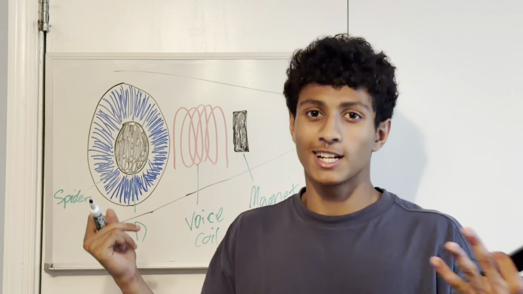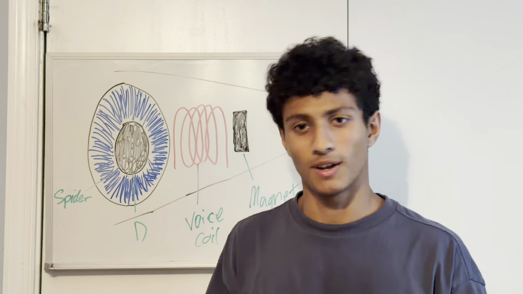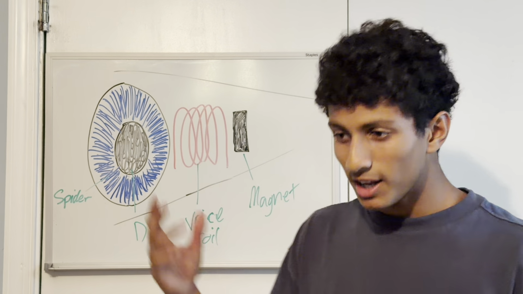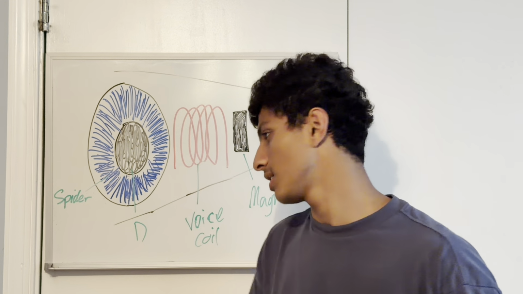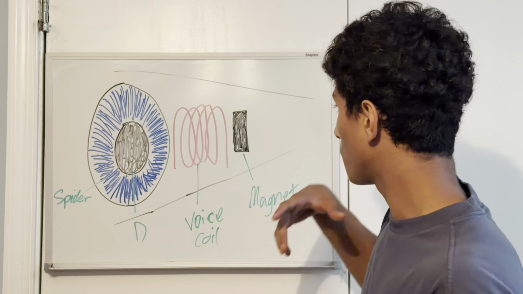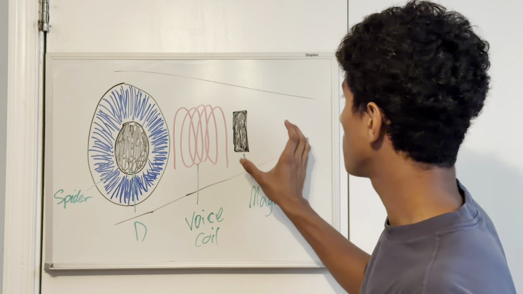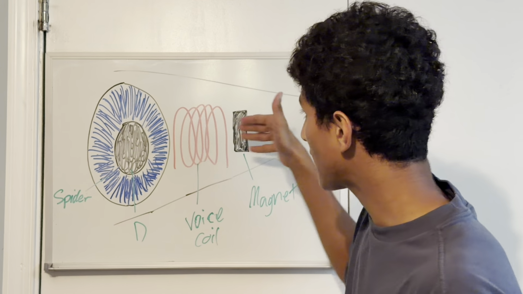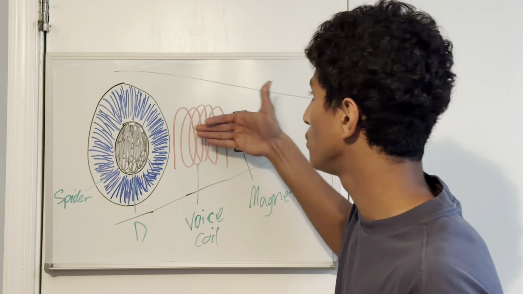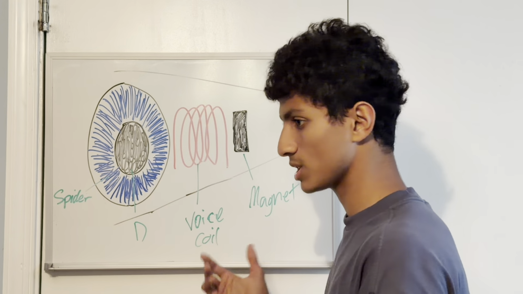That sounds a lot like an inductor because it functionally is one. And anytime we're dealing with inductors, we're going to be talking about a magnetic field. So when we have current running through this, if we use our right hand rule, we're going to have a magnetic field going through this inductor, or this voice coil.